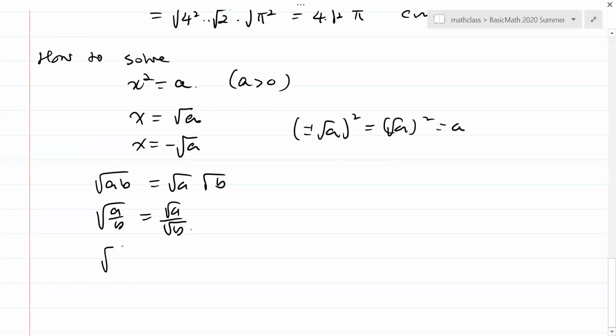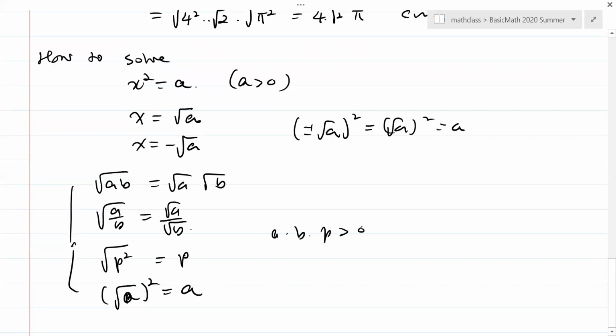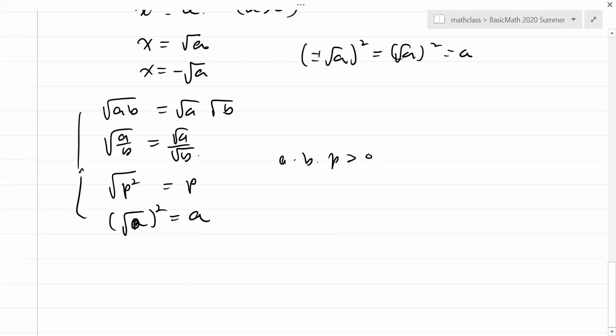And the square root of p squared, a perfect square, equals p, and the square root of a squared is a. Here a, b, p are all positive numbers, okay? Be careful: p must be positive.